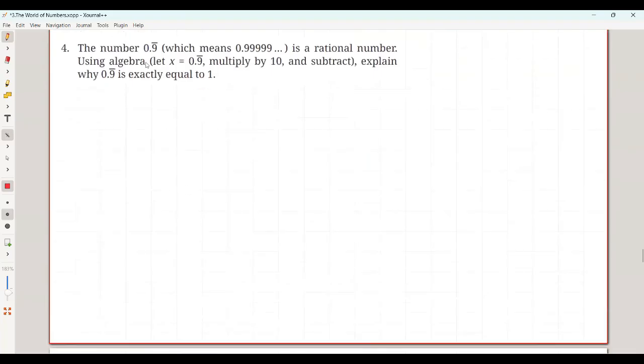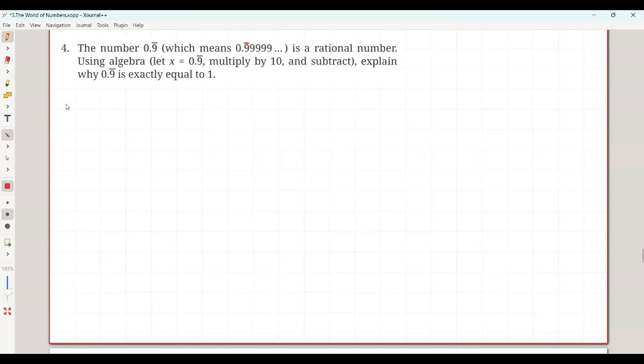Question number 4: the number 0.9 bar. Bar means it's repeating. 9 is repeating. Instead of writing 9999, we place a bar over 9. That means 9 is repeating. It's a rational number. Using algebra, let x is equal to 0.9 bar, multiply by 10 and subtract. Explain why 0.9 bar is exactly equal to 1. What we did in the previous question is the same concept.